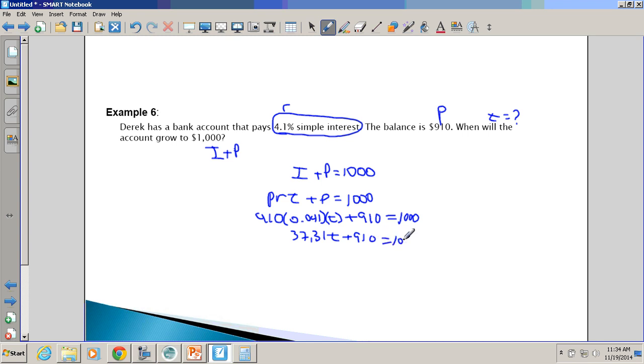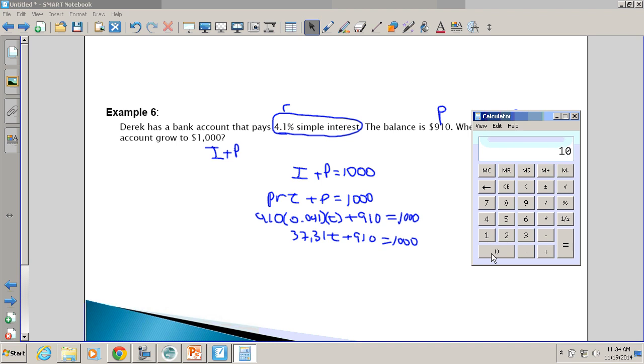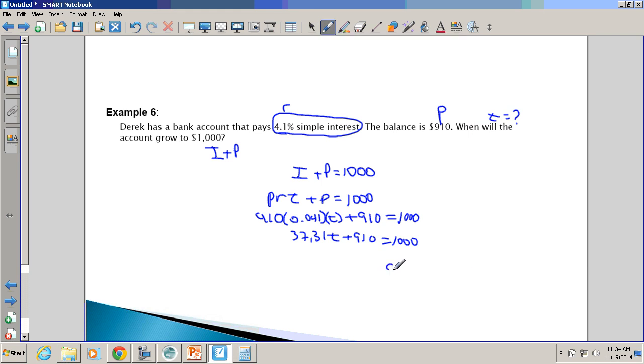So I'm trying to solve for t here. The first thing I'm going to do is subtract this 910. I'll take 1,000, subtract 910, I get $90. So I have 90 over here. And now I have 37.31 t. Now I want to get t by itself, so I'm going to divide both sides by 37.31.